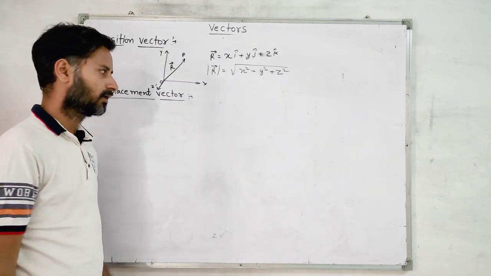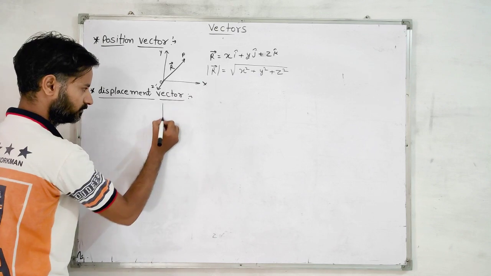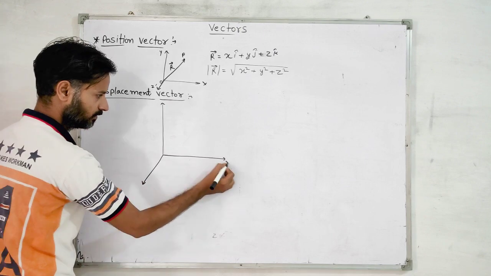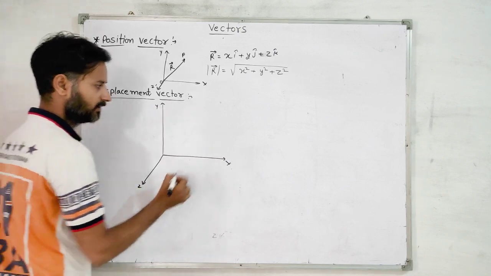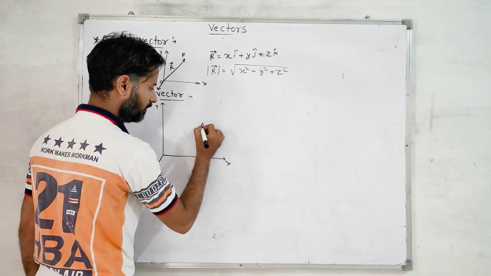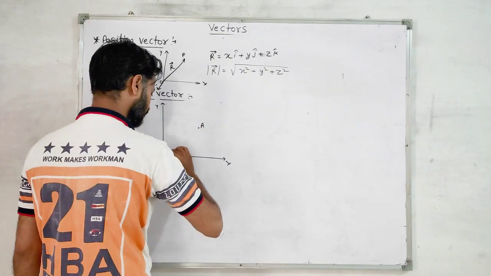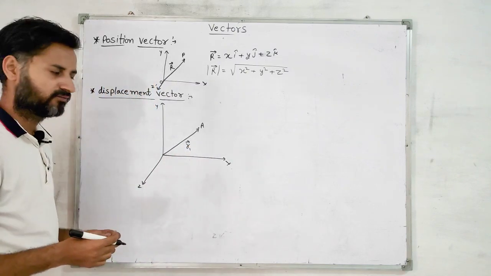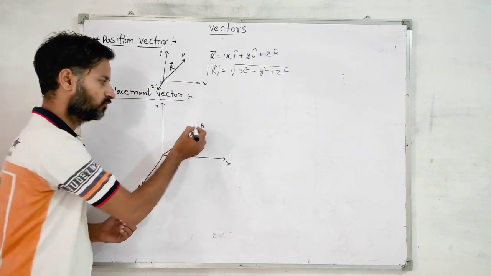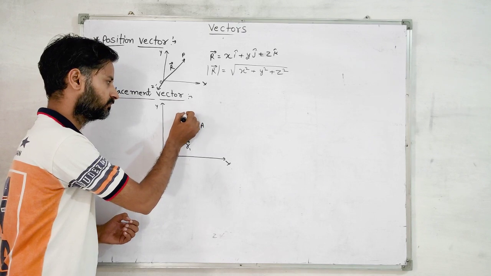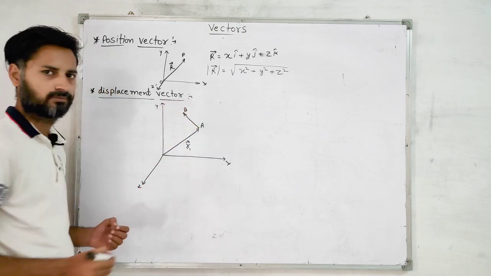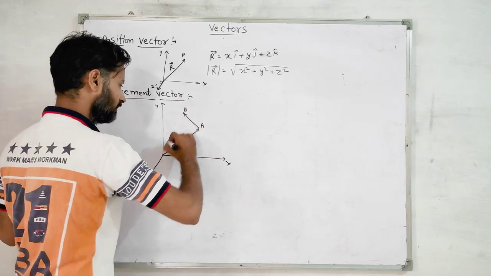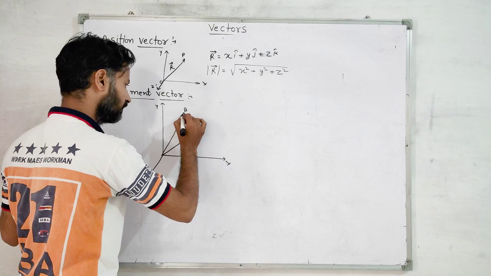Now let's talk about the displacement vector. If a particle is at point A and has position vector r1, and after a certain time it moves from A to B, so it is displaced from A to B, and at point B it has the position vector r2.